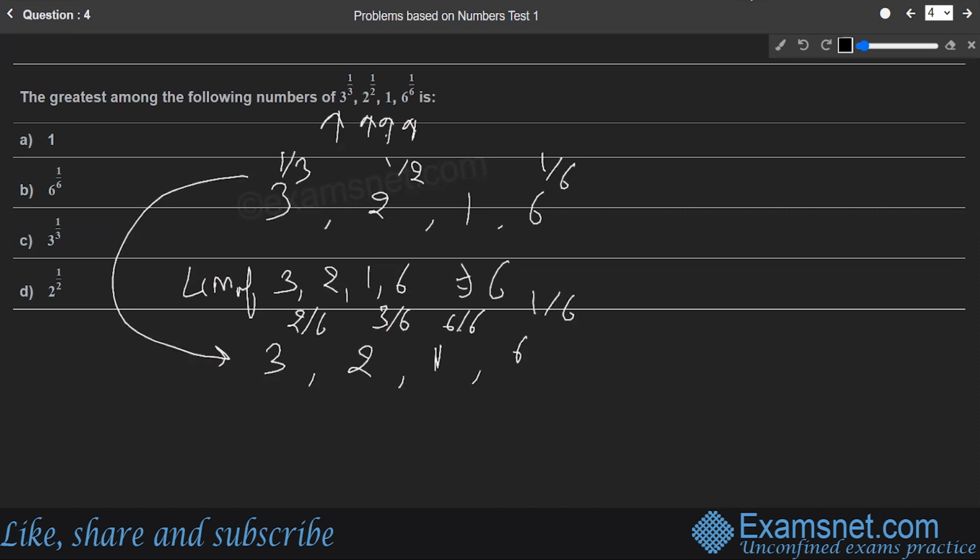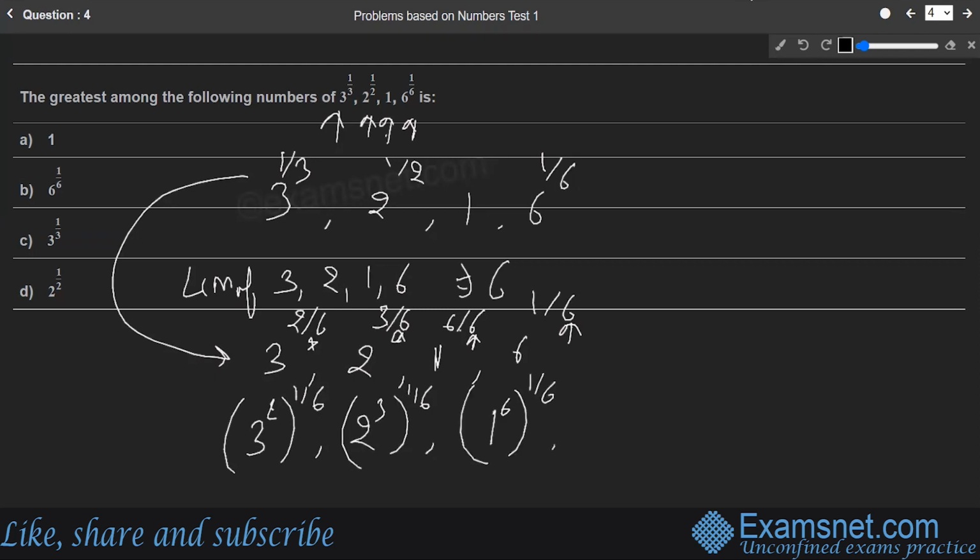Now we have made the denominators of all the powers the same. Now 3 to the power 2 by 6 can be written as 3 square to the power 1 by 6. The next number can be written as 2 cube to the power 1 by 6. The next as 1 to the power 6, all to the power 1 by 6, and the last as 6 to the power 1 by 6.